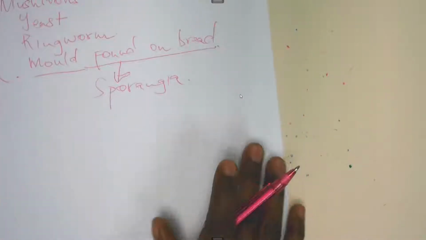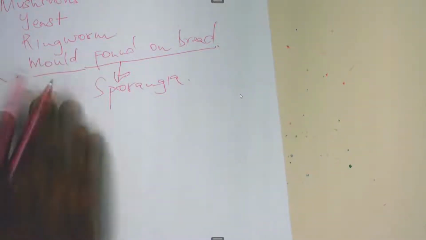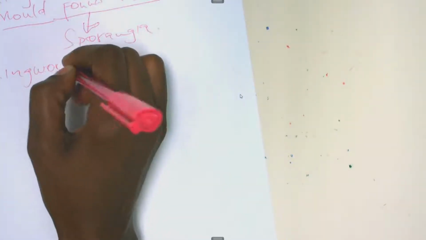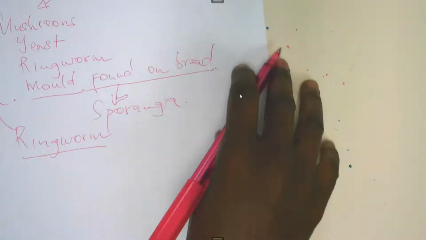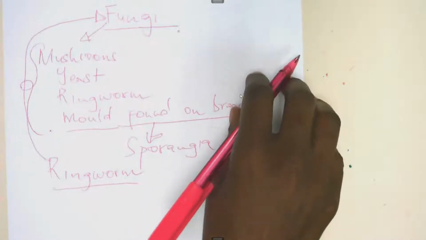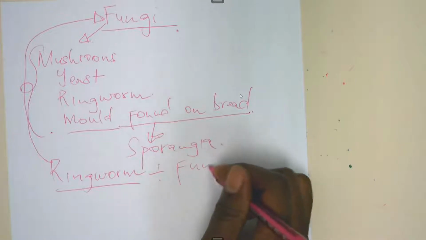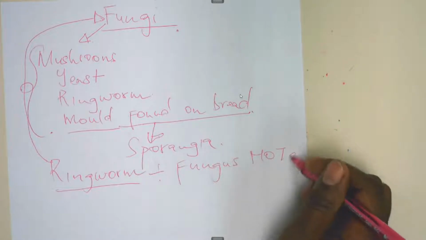And then let us look at the effects and management of ringworm. So we are going to take ringworm as an example of fungi, or one of the diseases which are caused by fungi. This ringworm is caused by a fungus and not a worm.